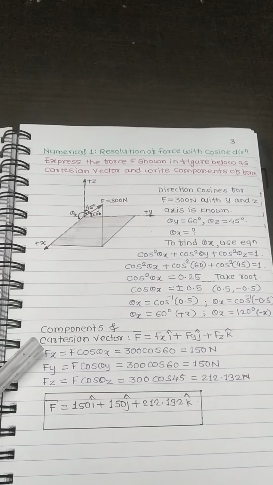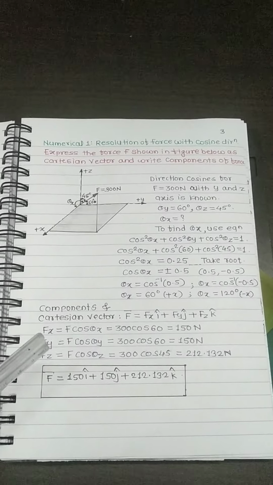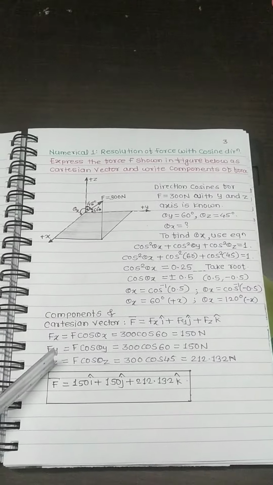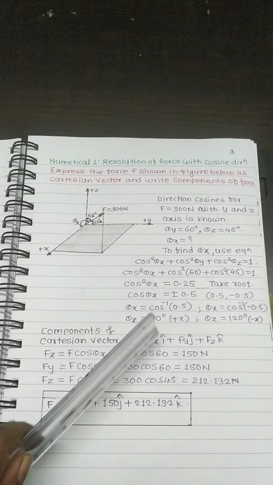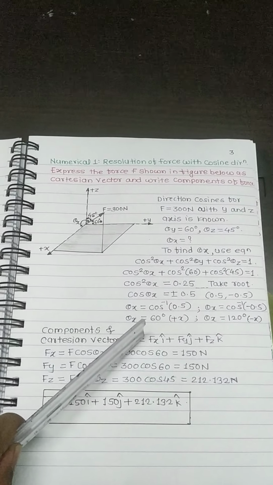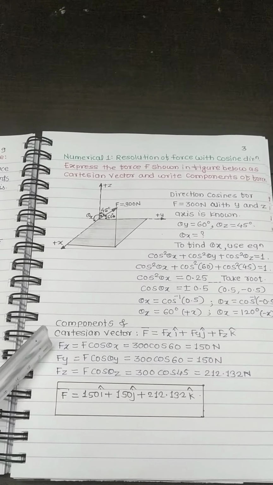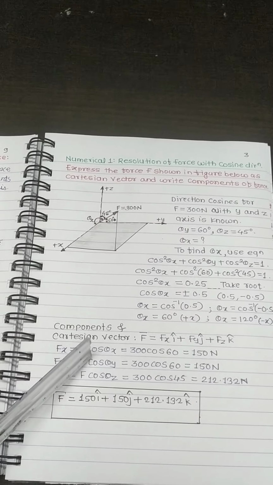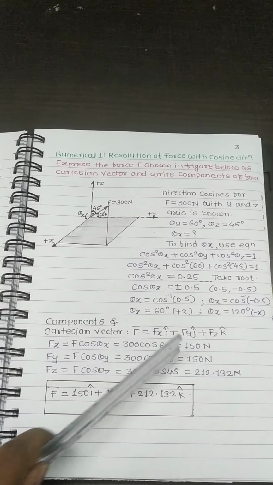The Cartesian vector in the force system is F bar equals Fx i cap plus Fy j cap plus Fz k cap. What is Fx? Fx is the component of F along x direction. It is F cos theta x, 300 cos 60, which is 150 Newton.